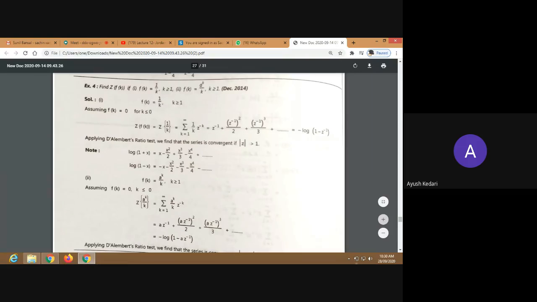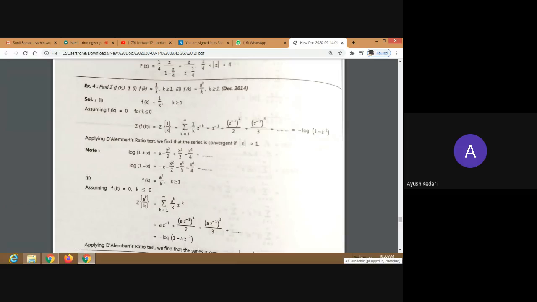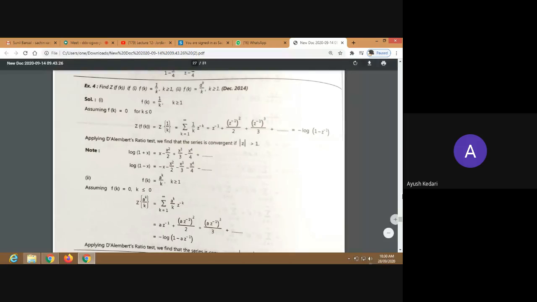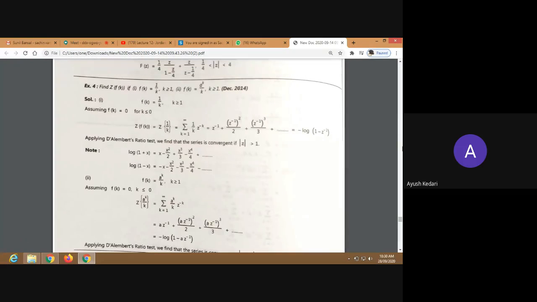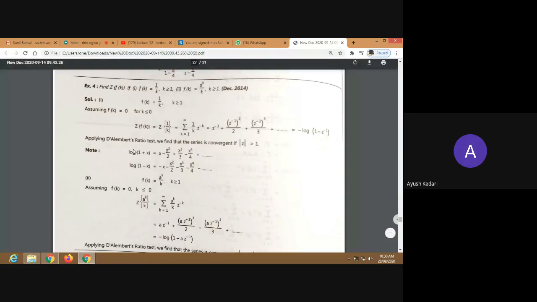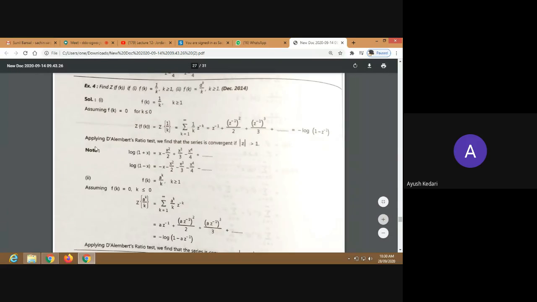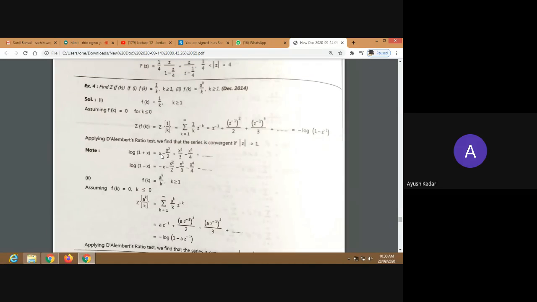No, that is okay. It should be 1 plus x, no, that is the series of log 1 plus x. You can see the log of 1 plus x is given here. See in the note part. These are the standard series expansions. What is log of 1 plus x? x minus x square by 2 plus x cube by 3, isn't it? That has alternating plus and minus signs.